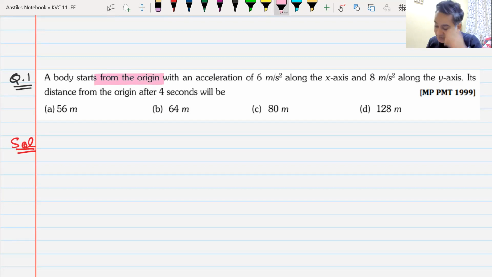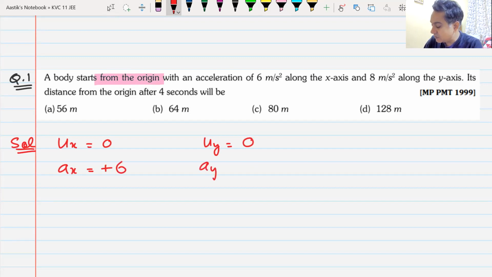So its initial velocity is 0. So I can write u along x, initial velocity along x is 0. Uy is also 0. Both are 0. Acceleration along x is given as plus 6. Acceleration along y is given as plus 8. I have to find out the distance from the origin.